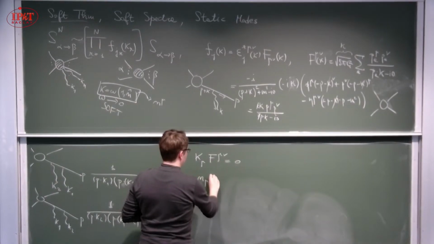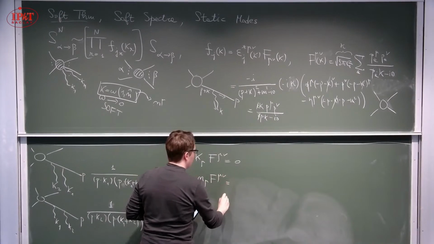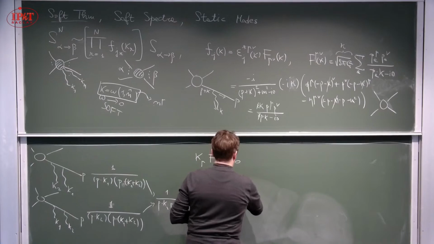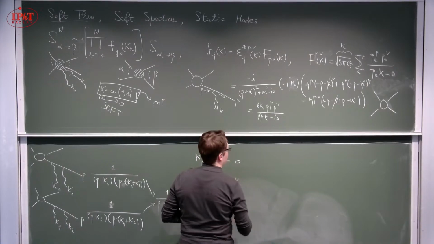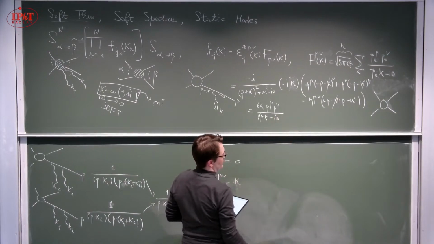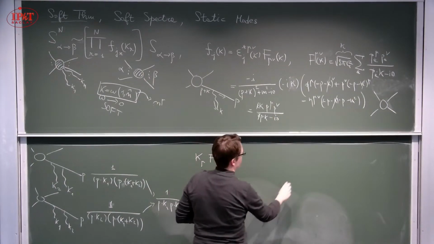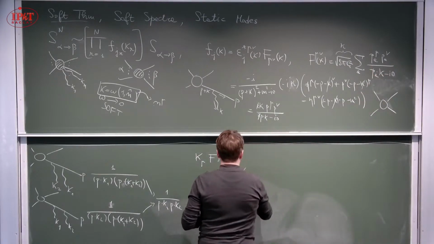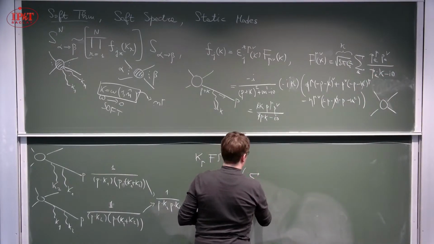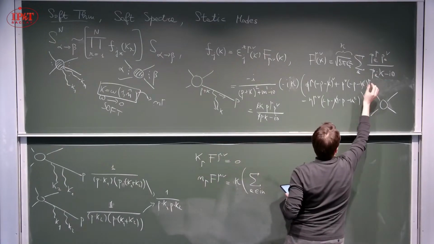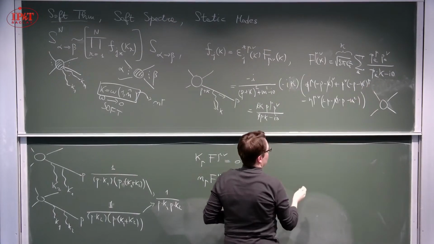Let me contract with n. So you have to factor out kappa, and then let me separate out the sum over the incoming and the sum over the outgoing states because they have different signs for this term, right? So let me see. When A is incoming, this guy is positive, so I can just bring it out.